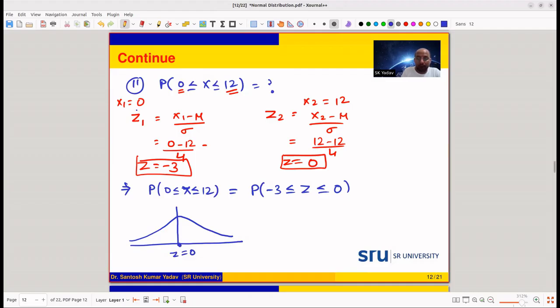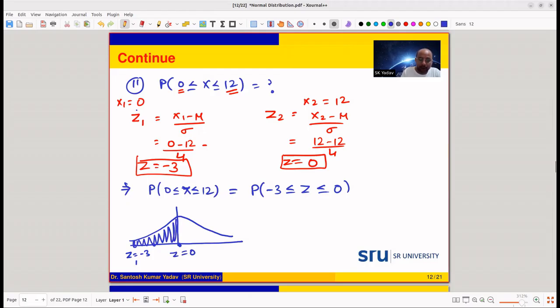Now we have to go up to minus 3. Actually, z equal to minus 3 will be somewhere more on the left side, because it is the upper limit of the maximum area. So it should be around here. So z equal to minus 3, and this entire area you have to find.